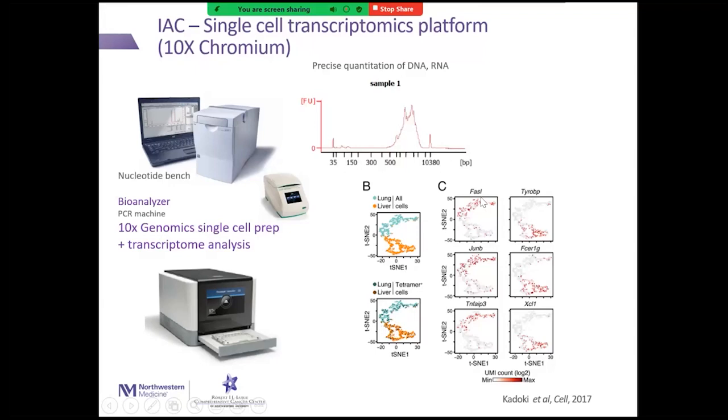Furthermore, they dissected the tissue-specific genes, and you can see that these are very beautifully clustered here with their corresponding tissues. So this can really show you how you can tease out the minute details of gene expression at a single cell level in your tissue samples.